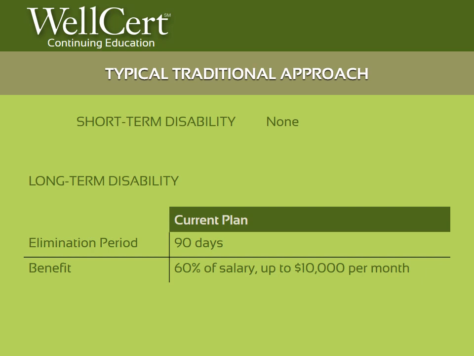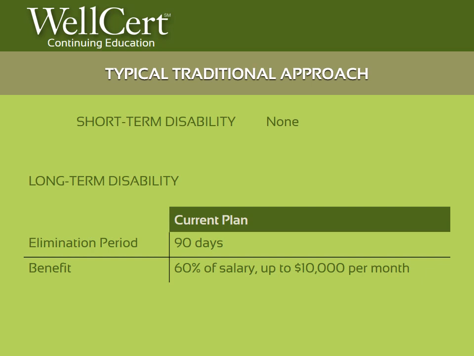In this particular part of the example, we're just saying, in addition to that delineated leave arrangement we saw on the previous slide, there's also the lack of coverage for short-term disability and the provision of long-term disability, but with an elimination period that's a fairly significant amount of time. And that means that for 90 days, the individual has to exist financially without any additional payment of wage or salary during that time period.